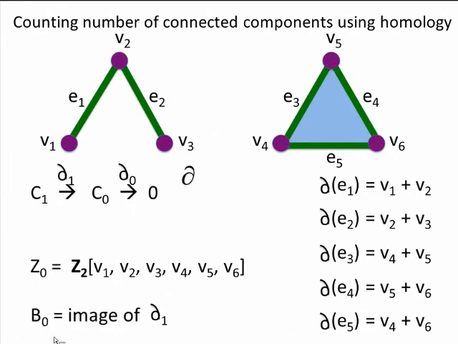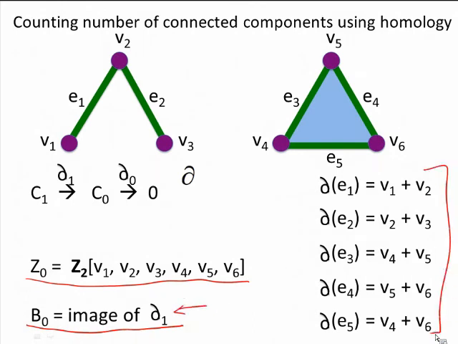Then we also need to, so we know we were going to use our vertices to indicate our connected components, but we needed to say what is actually connected, and to determine what's connected, we use the image. We use the image over here of all our boundaries.